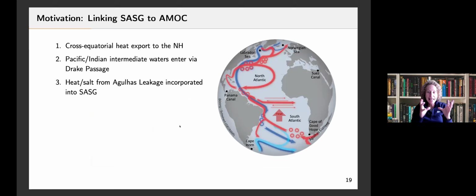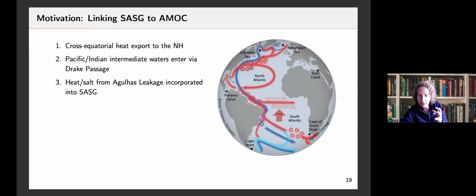And how do we link what's happening here, the South Atlantic gyre circulation, with what's happening in the North Atlantic associated with this large scale heat transport into the northern hemisphere?